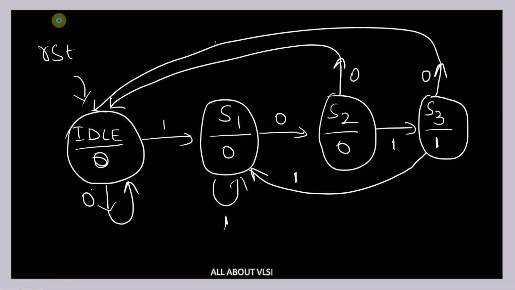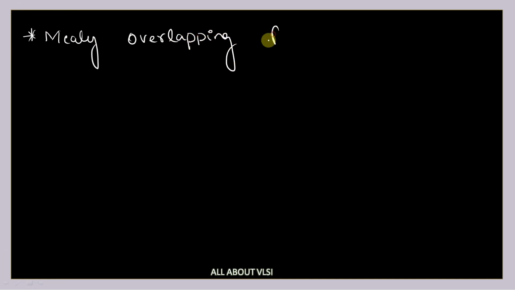Now, let us try to understand Mealy overlapping sequence detection for 101 sequence detection. In the case of Mealy overlapping, we can overlap the sequence.